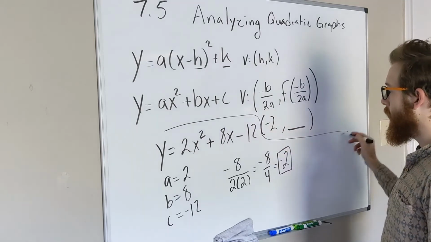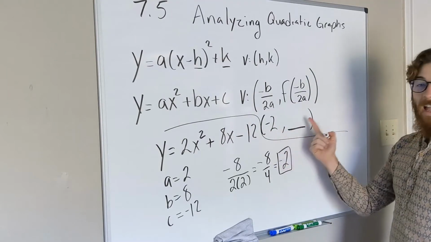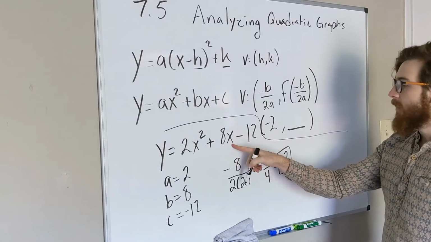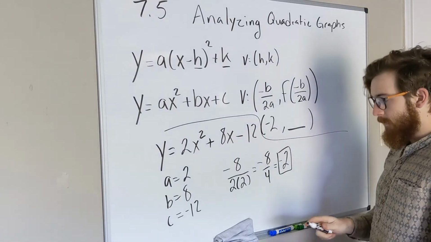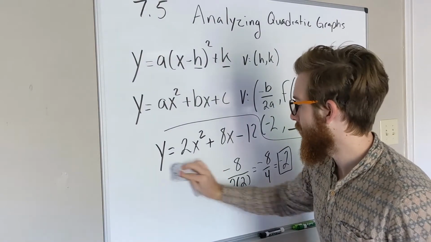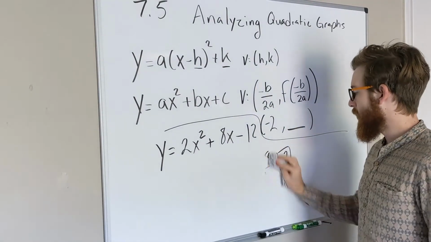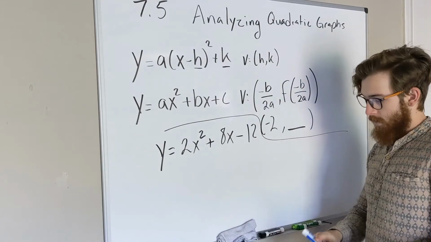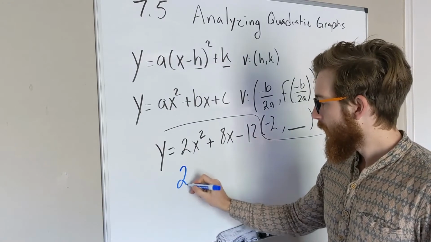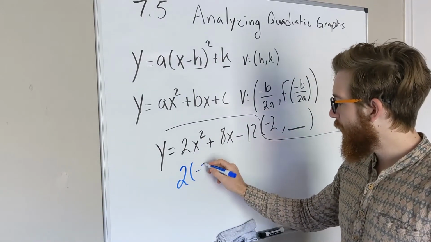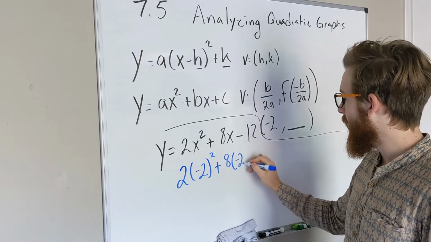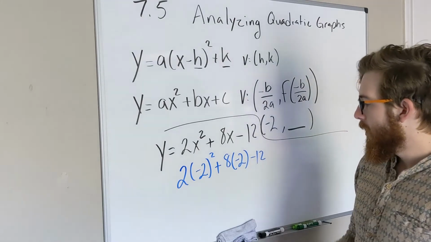So I have my x. How do I find y if I have x? I plug it in. Okay, I didn't really leave myself enough room here, so I'm just going to have to erase. So make sure that you pause and go back if you need to write that down. 2, but I'm going to put in negative 2 squared plus 8 times negative 2 minus 12.